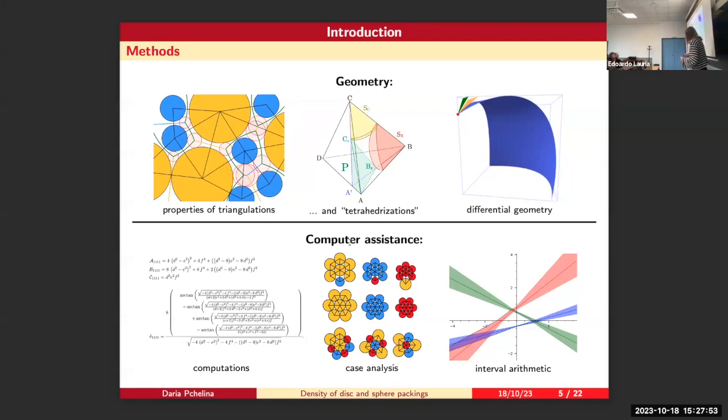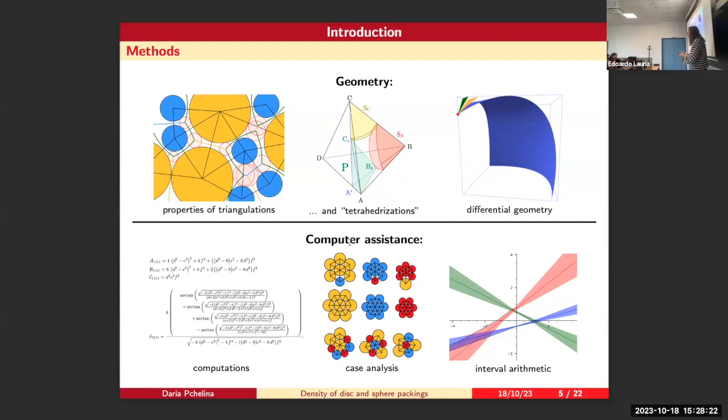We need this computer assistance for various reasons. Some of them are simply to perform symbolic computations, because we work with very strange functions reflecting volumes and densities, which are really huge. To symbolically simplify them, we need computers.